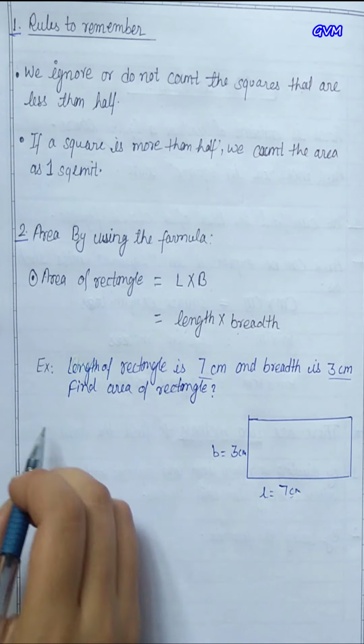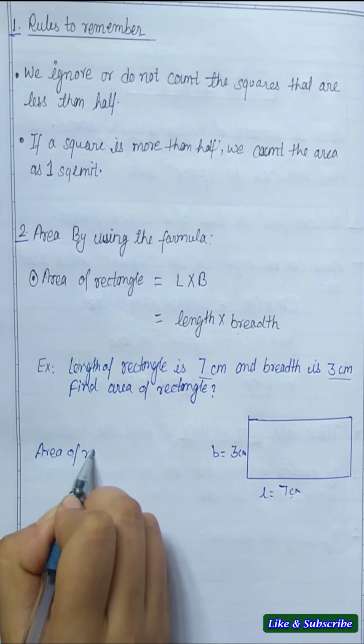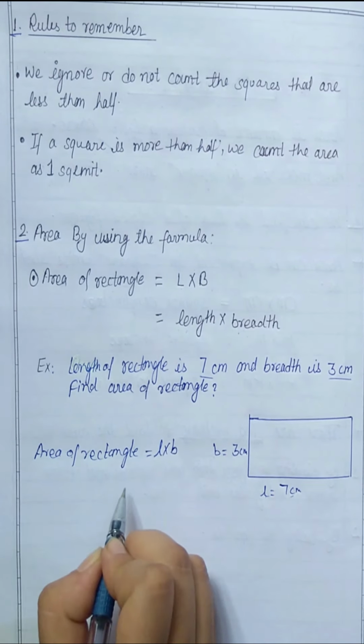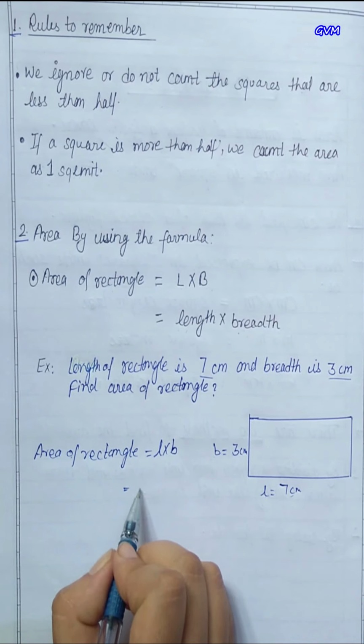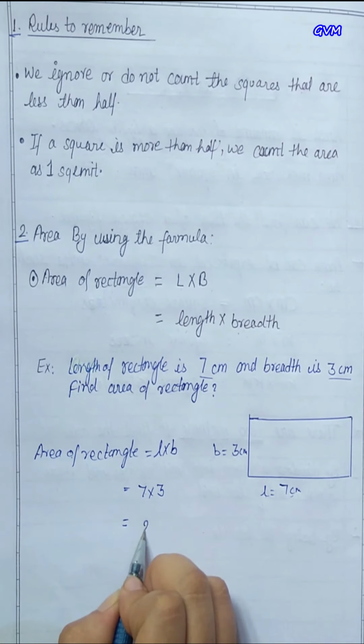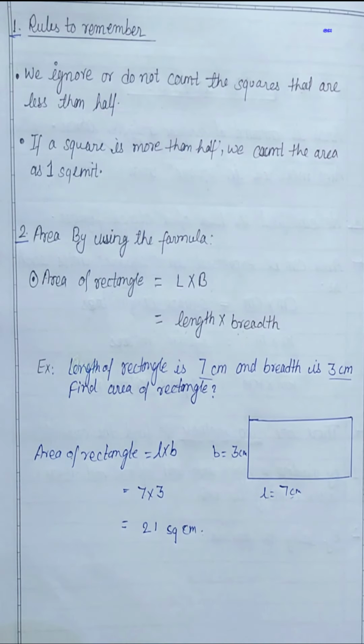So what will we do? We have the area of rectangle is L into B. So put the value, 7 into 3. So 7 threes are 21 square centimeter. So this is how you can find the area of a rectangle by using the formula.